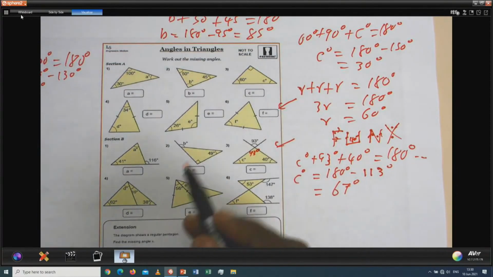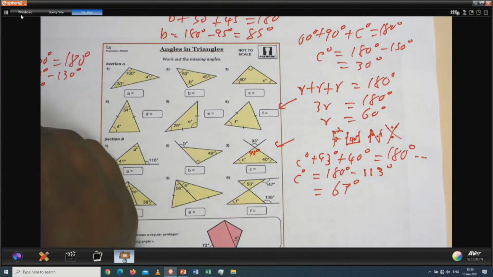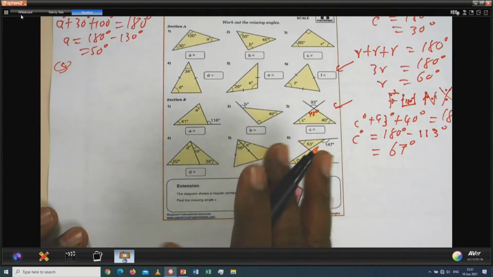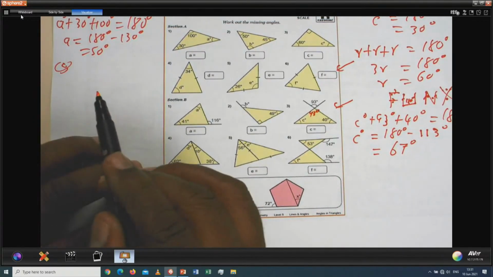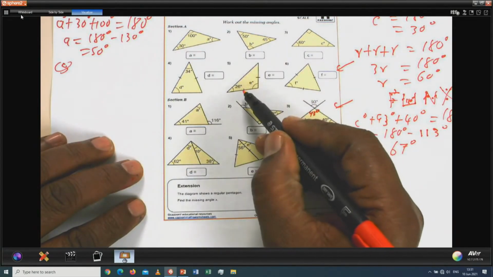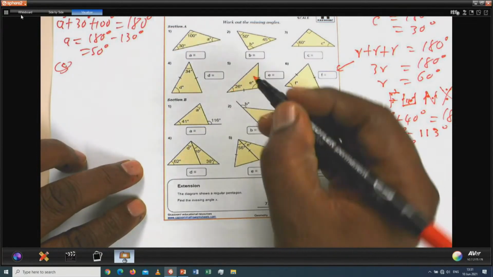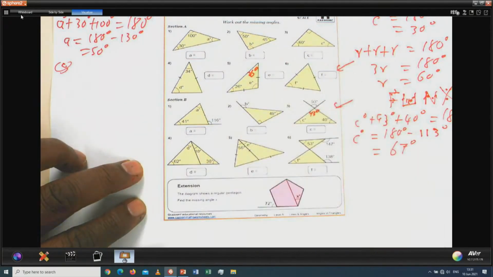Let's go to number 5. Number 5 again. What is in front of you? What is given? Number 5, you are told this is isosceles. This side is equal to this side. If that's the case, this angle should be equal to that angle. Then it tells you this angle is 26 degrees.